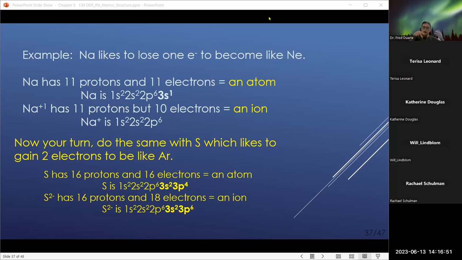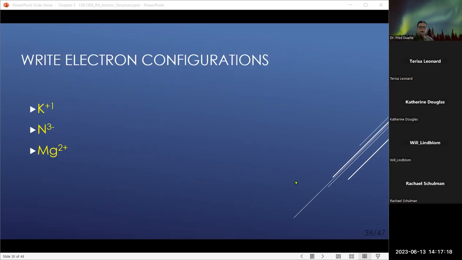So adding 2 more is like adding 2 more cars into the traffic. It's getting crowded now. Plus their negative charge, they're going to repel. So the ion of the element that gained electrons would be bigger in radius than the atom itself because it picked up 2 electrons and they occupy more space, okay, because of their charge.